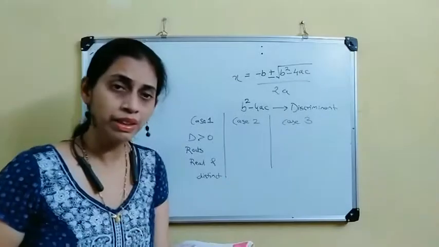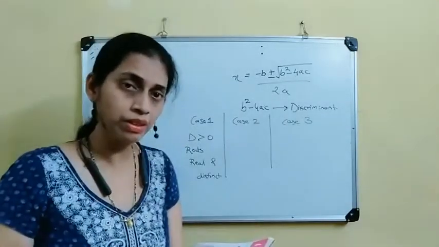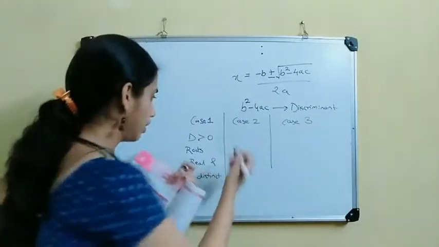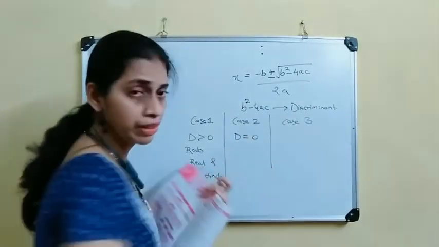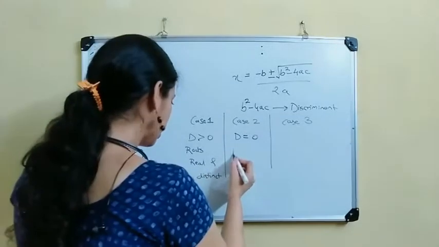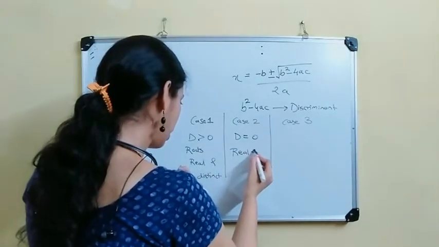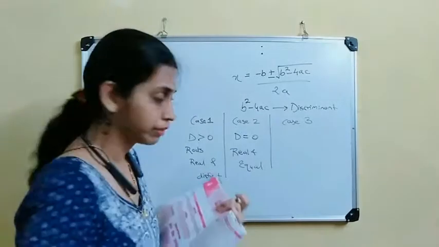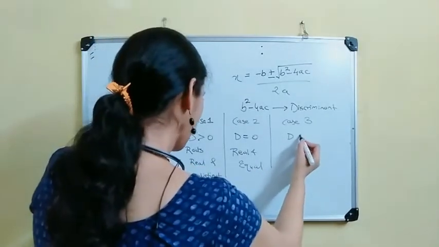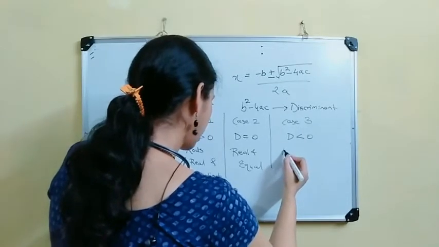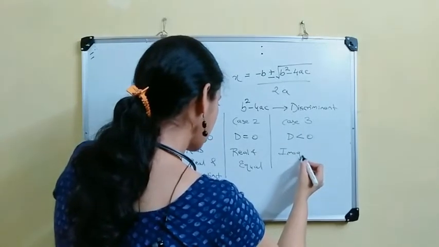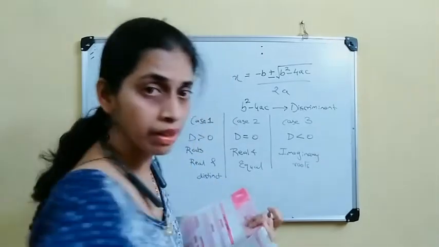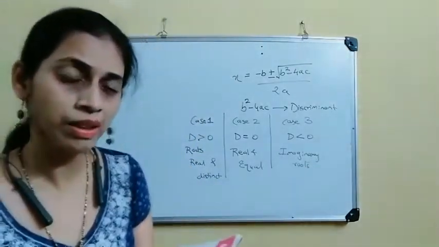Right? If the d value is greater than 0, then the roots are real and distinct. If the value of the discriminant is equal to 0, d = 0, then you can say the roots are real and equal. And if the value is less than 0, then the roots are imaginary. Correct? The real roots are not present.